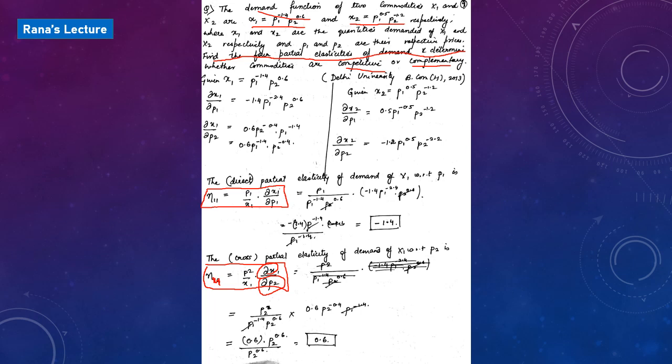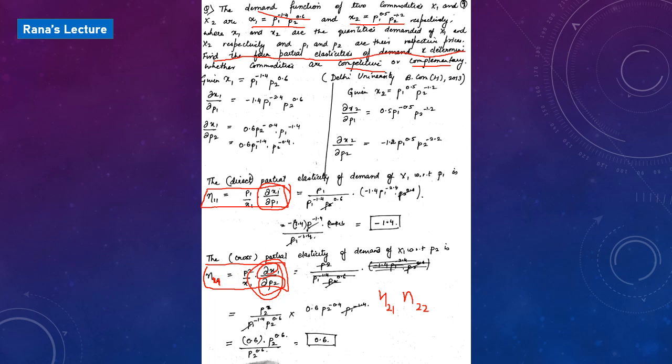Similarly, you will have eta 21 and eta 22. We will see that in the next slide. It means we have to calculate delta x1 by delta p1, delta x1 by delta p2. So we move to the calculation of first the partial derivatives, the four partial derivatives.